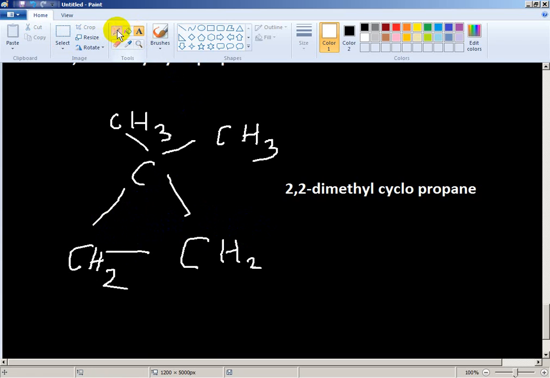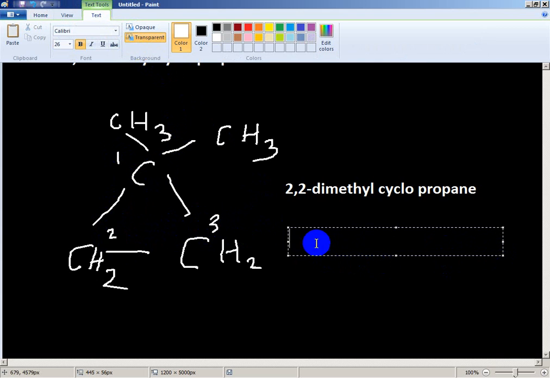Now I am starting numbering 1 here, then 2, 3, then the name will be 1 1 dimethyl cyclopropane.